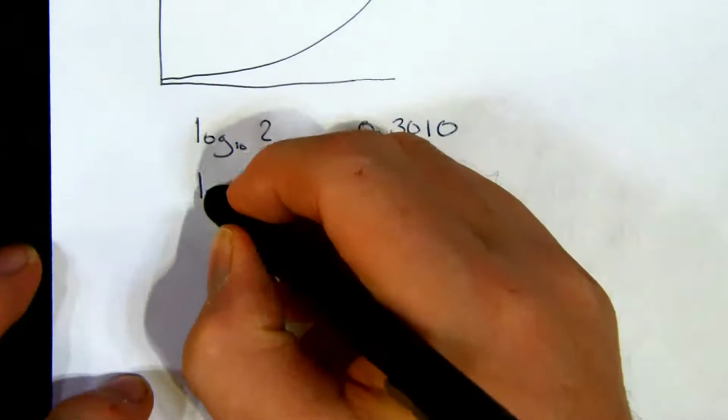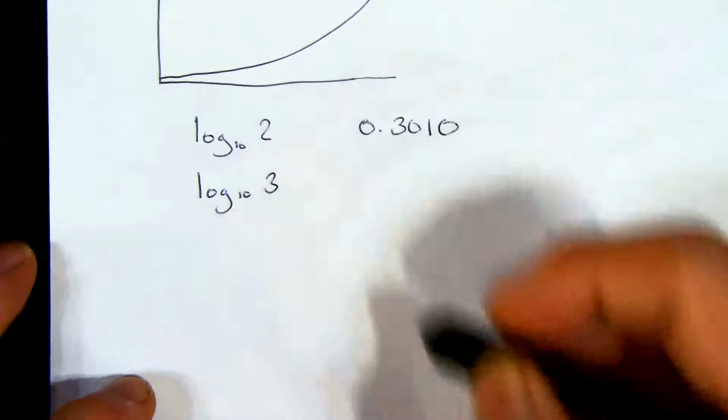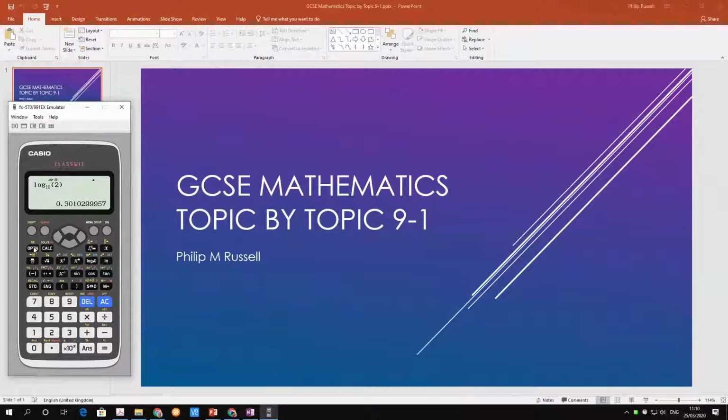Let's do the same, but this time we're going to take the log to the base 10 of 3. So all I'm going to do is go into my calculator and we're going to type in the same thing again. So log, this time to the base 10, and we want to put in 3.